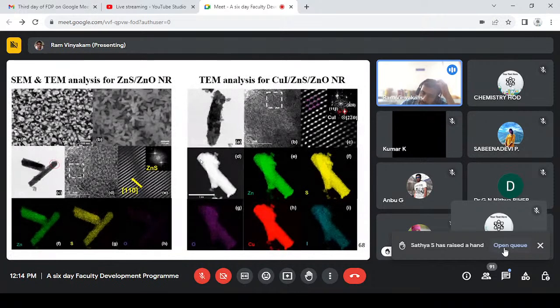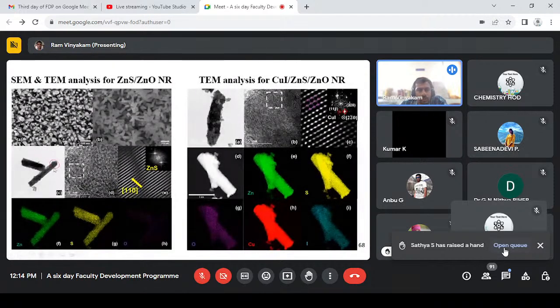And when we see the band alignment, and when we go for the band structure, there's a huge variation in the conduction band edges of ZnO and copper iodide. So we introduced a zinc sulfide layer in between them, and reduced the difference in band edge.